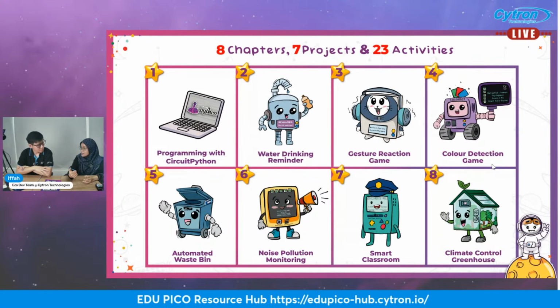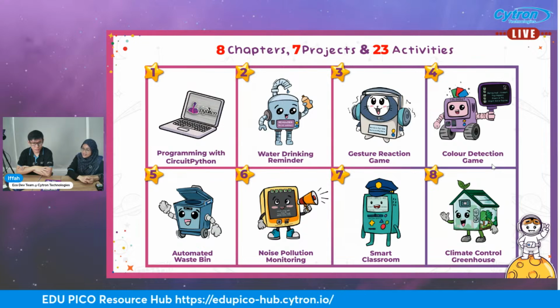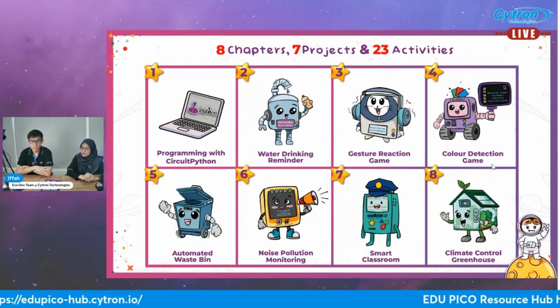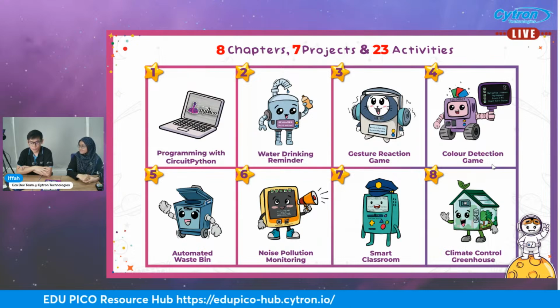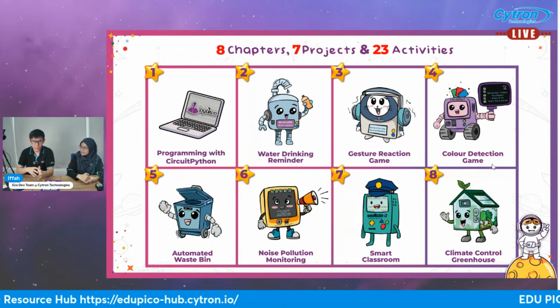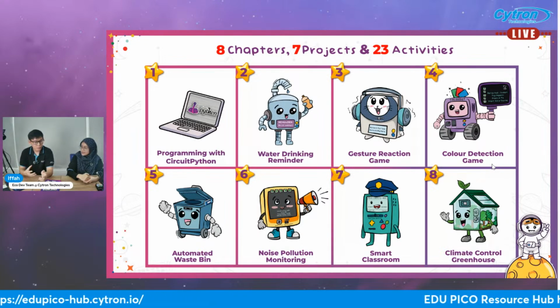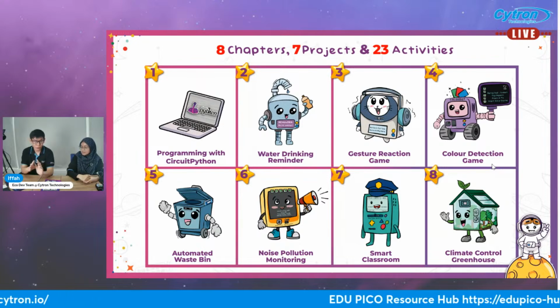And then all these chapters and projects are SDG, right? Yes, all these chapters are aligned with the SDG goals, the Sustainable Development Goals, and it's topped up with a series of comics. So before you go through each project, you will be welcomed with comics.